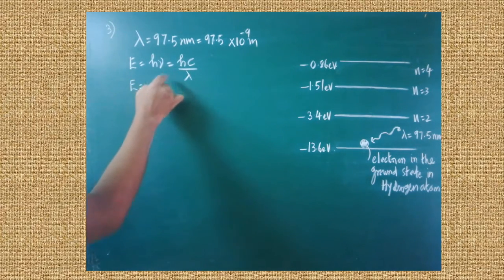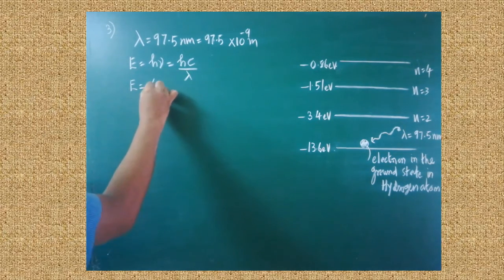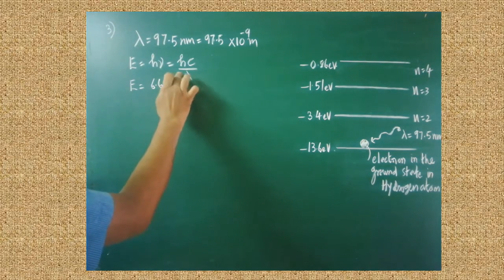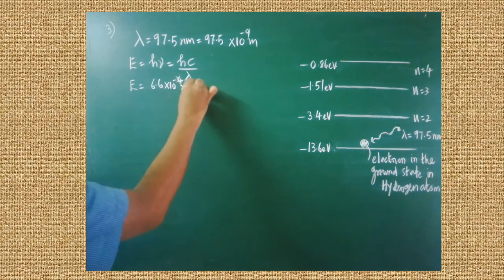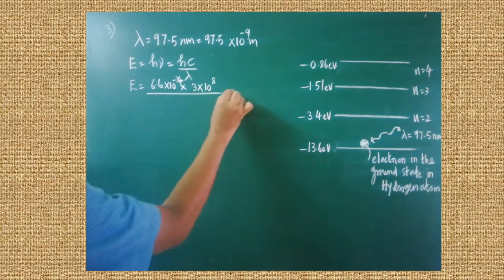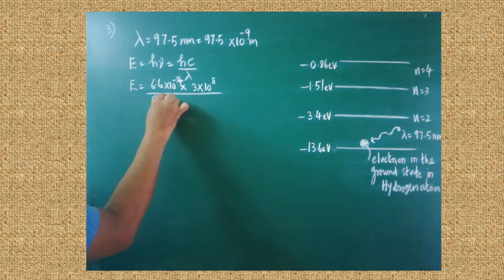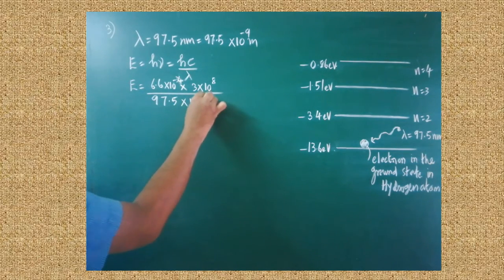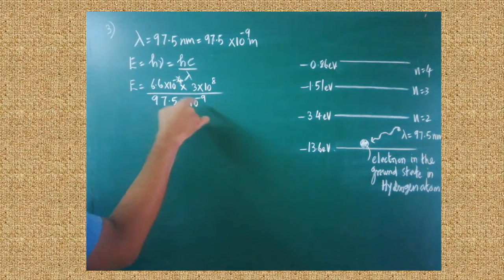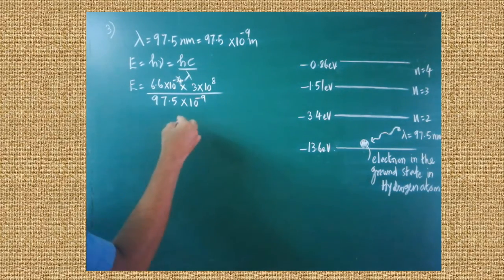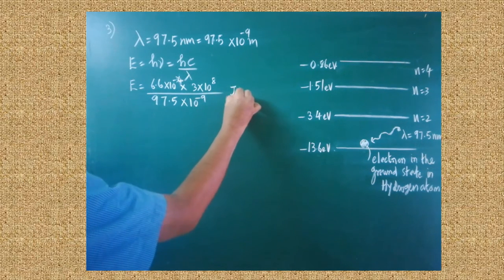The next step, h must be substituted: 6.6 into 10 to the power of minus 34, into c value 3 into 10 to the power of 8, whole divided by the lambda value 97.5 into 10 to the power of minus 9. The wavelength is substituted in meter. Are you clear? If all values are calculated, you will get the answer in joule.